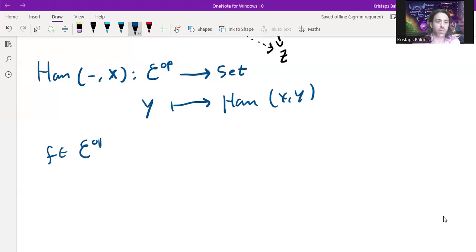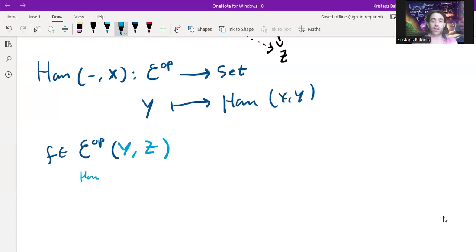Sometimes we might write our Hom sets like this. You can read this as the same as Hom, but I'm saying that this is Hom in the opposite category. So suppose I had a homomorphism.